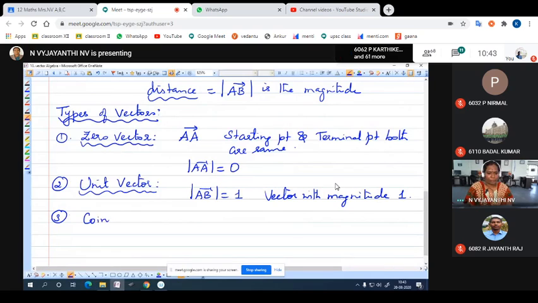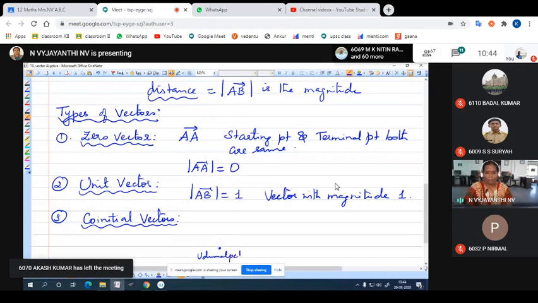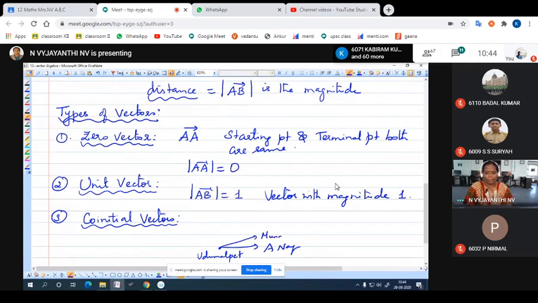Then any other type do you recall? Co-initial. Null vector, we will come back. Co-initial vectors means what? Same initial point. Let us consider Udumalpet. From Udumalpet we can go to Amaravati Nagar, we can go to Munnar, Kerala, Parani, Tirupur, or Bihar.